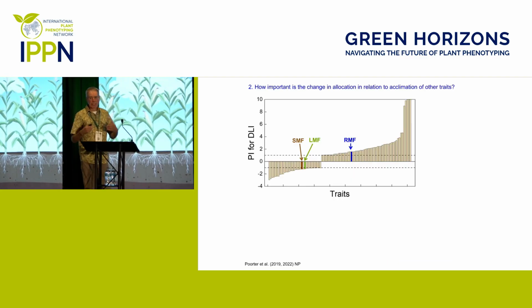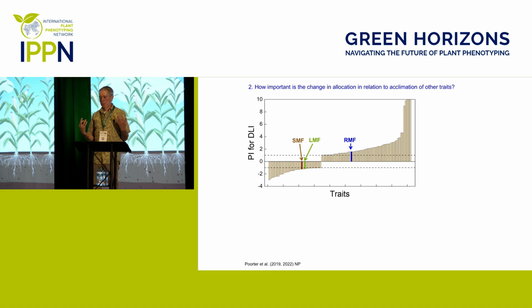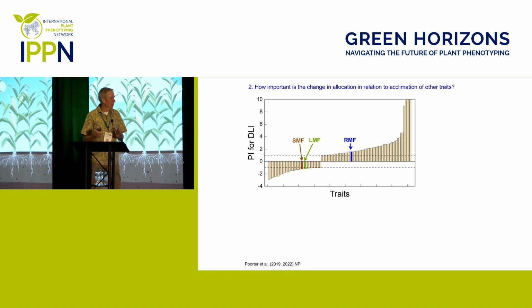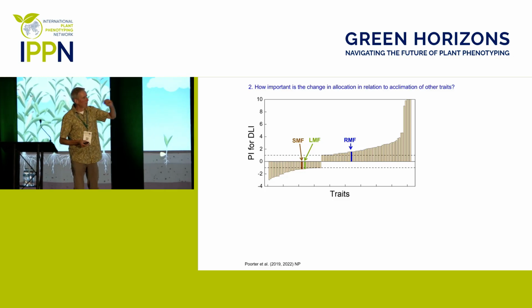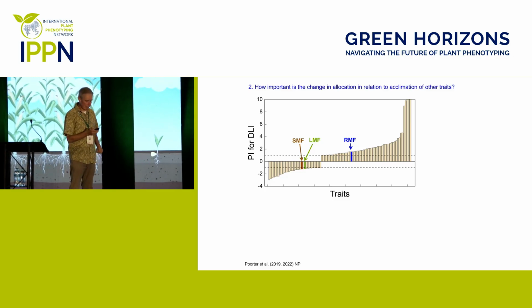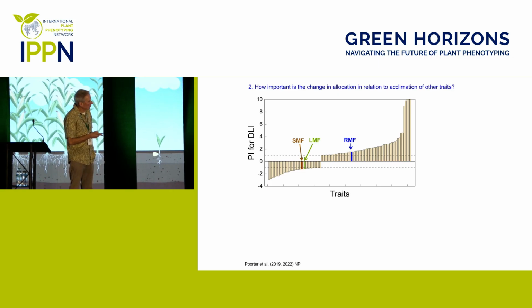Now, is that a strong response, you may ask, or not? For light, I looked at 90 different ecophysiological traits, and you see the plasticity index here for all these 90 traits. This dotted line gives you unity, so when there is hardly any change, and it's either -1 if the change is negative, or positive when the change is positive.